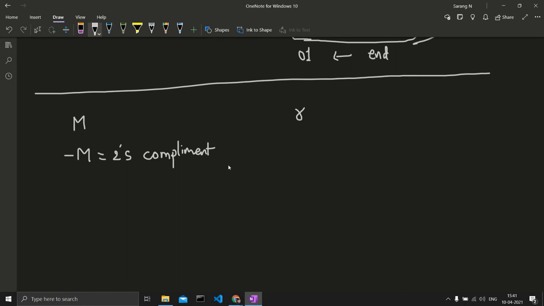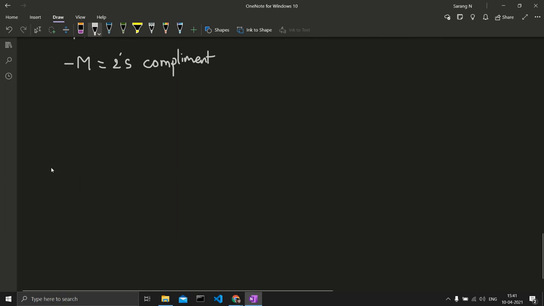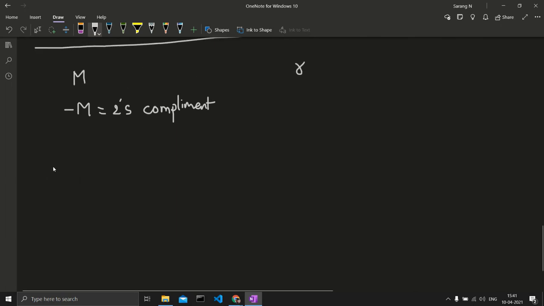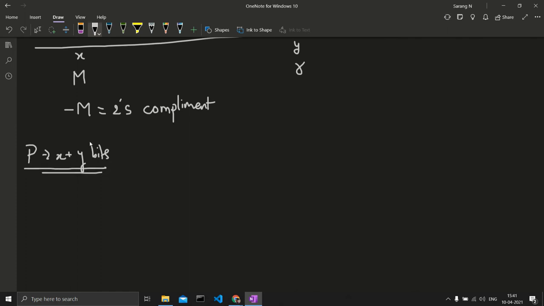So let's go with an example here. Let's say m has x bits and r has y bits. So we know that the product p would have x plus y bits.